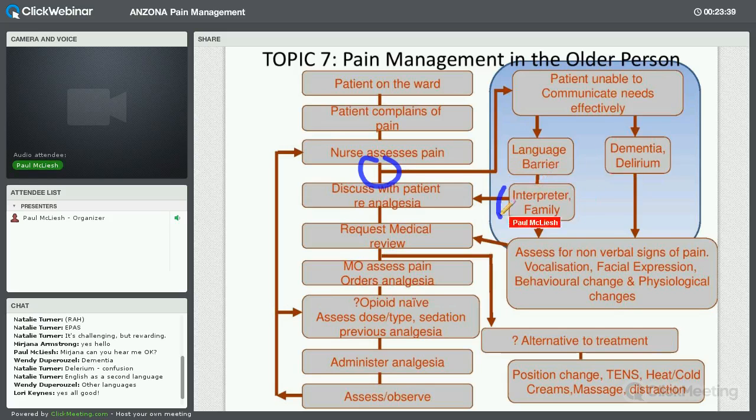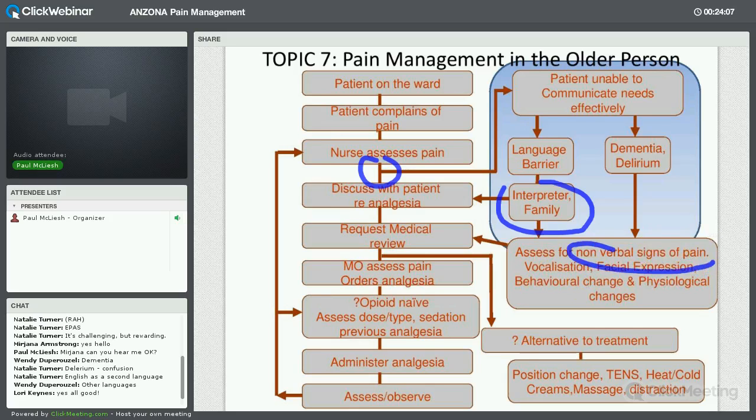So if it's a language barrier, you might use an interpreter or a family, and that may help you around the difficulties. But if it's because the patient has dementia or delirium or both, then that can make assessing the pain needs a lot more difficult and not quite as easy. So often we'll look for things like non-verbal signs of pain, vocalization, facial expressions, behavioral changes, and physiological changes as well.